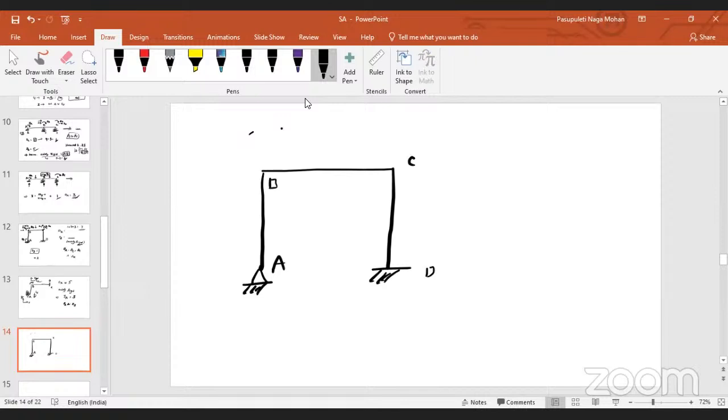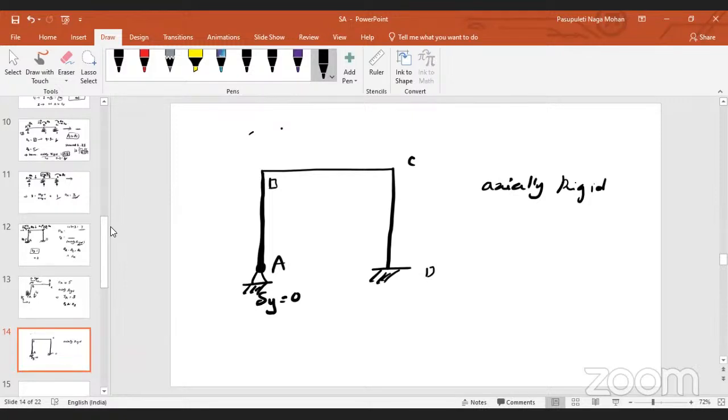What we have discussed is that members are axially rigid. Now tell me, what is the vertical displacement at point A? What is the axial force direction for the member AB? The axial force direction for the member AB is the vertical direction. So what is the vertical deflection at point A? 0.